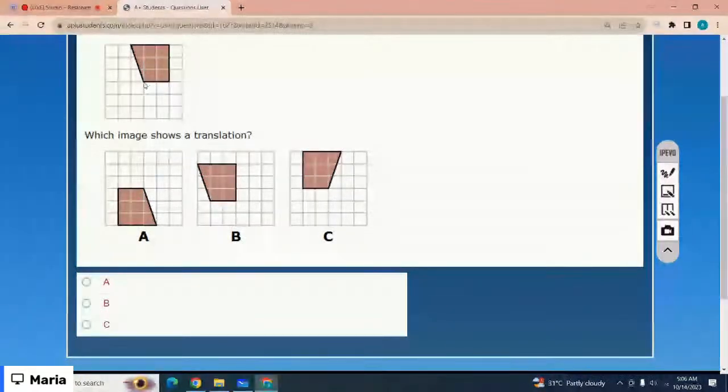A is the rotation along this point. B is the translation. The correct option is B. B is the translation.